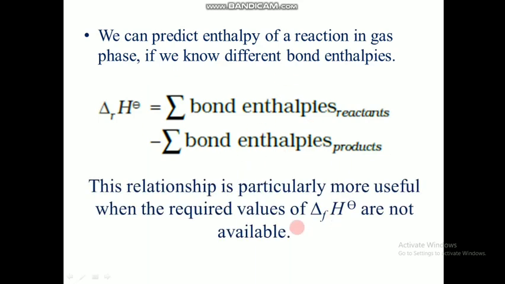But the bond enthalpy equation is used when we don't know the value of delta Hf, the standard enthalpy of formation. If we know just the bond enthalpies, we can substitute in this equation and find out the standard reaction enthalpy, which is delta rH. So this is an application of bond enthalpy.